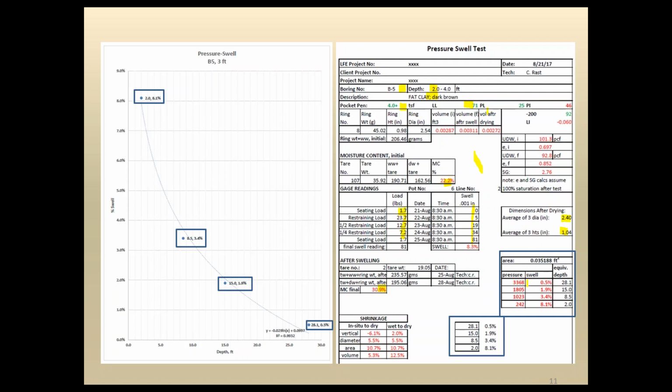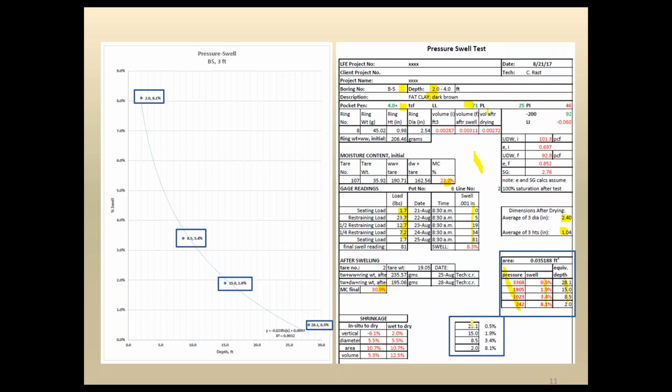So what the form does in Excel is take these loads and show them as the pressures here, and then there's the resulting swell converted to percentage. And here's the equivalent depth where the pressure has been converted to the equivalent depth.